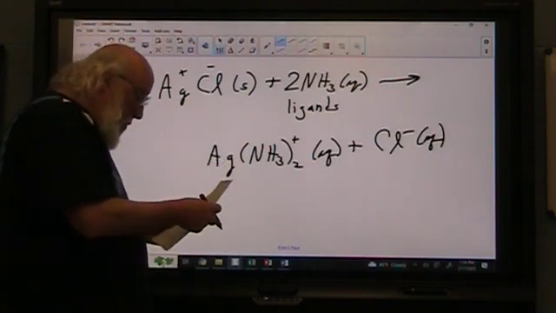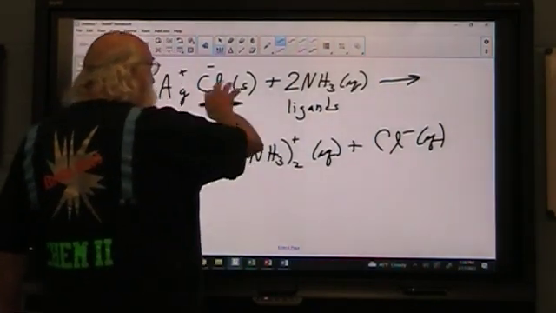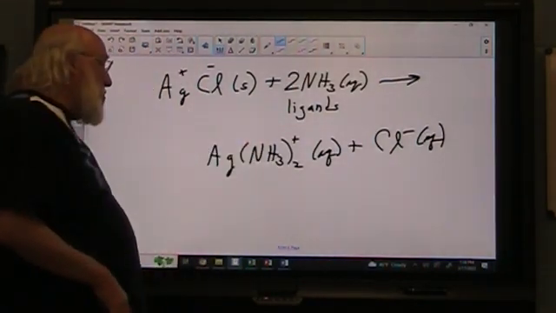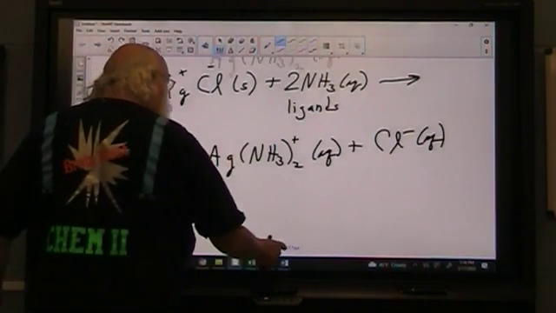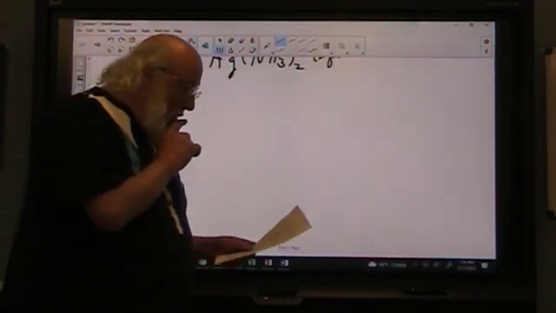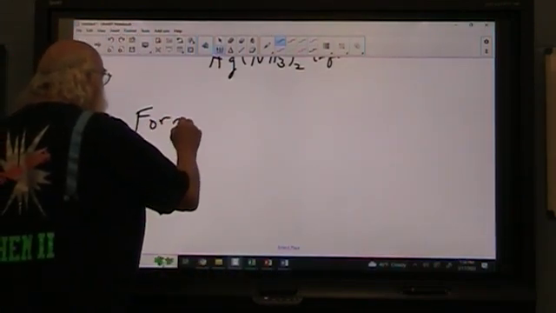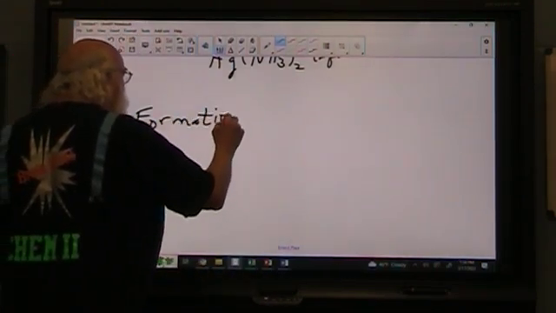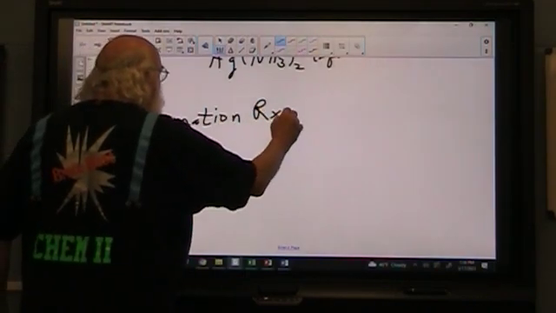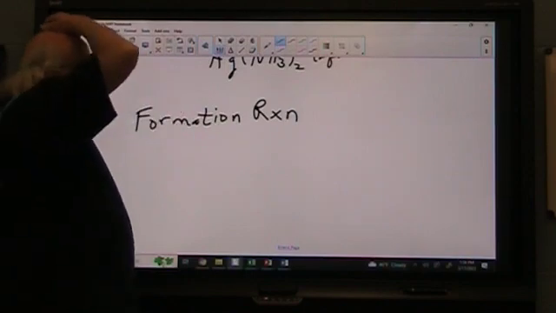So generally then, we ignore the chlorine in these reactions. And so when I ask you to write the formation reaction of a complex ion like this one, you won't include the chloride in there.